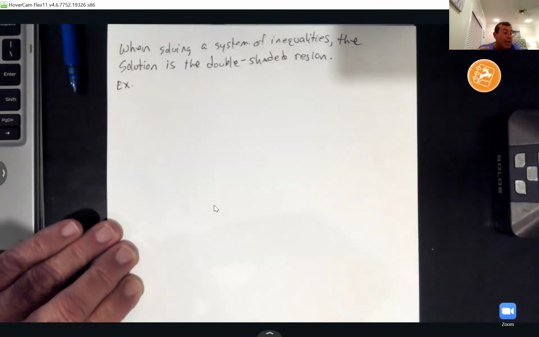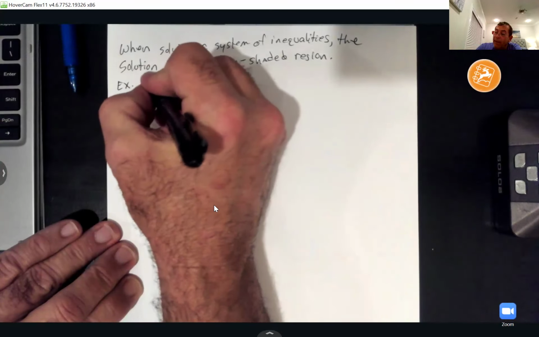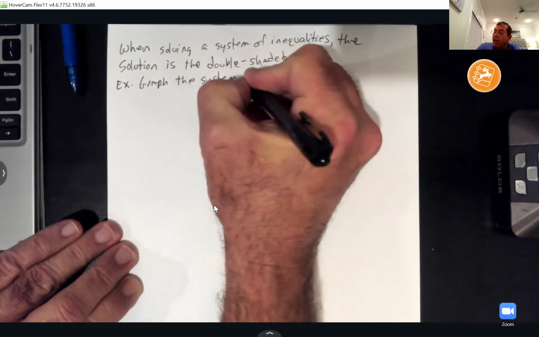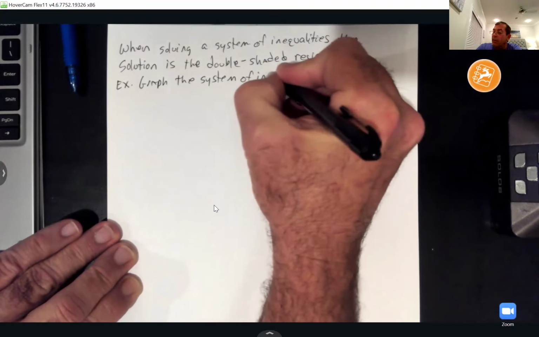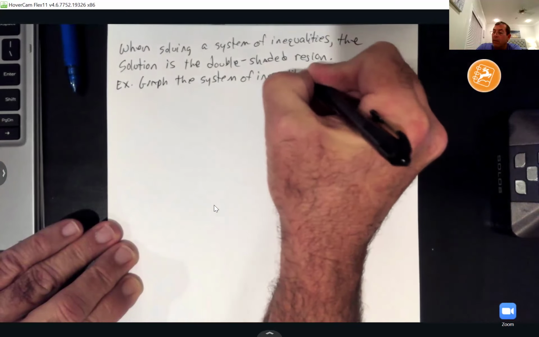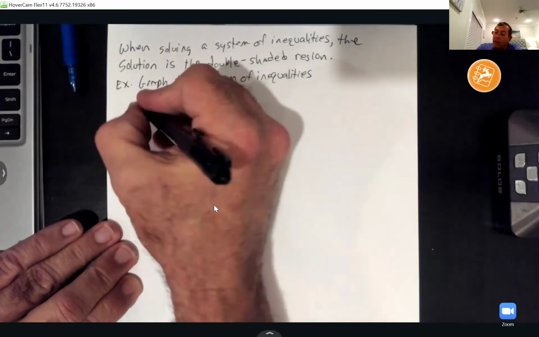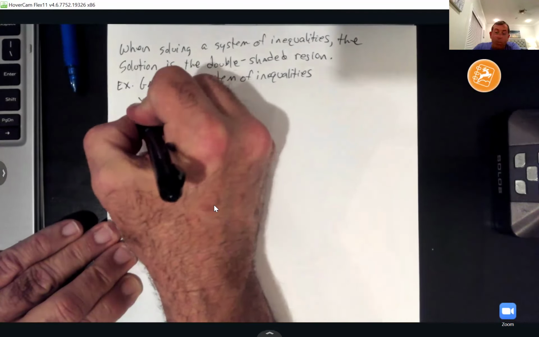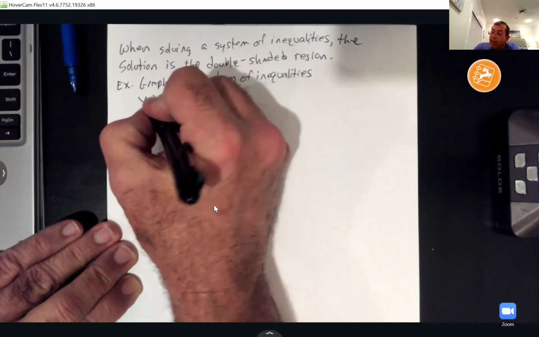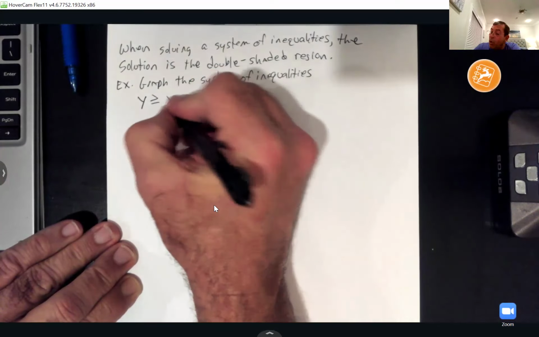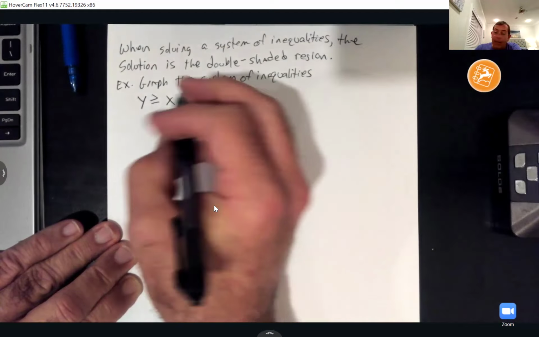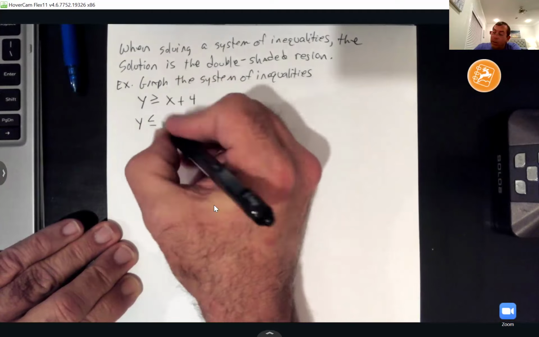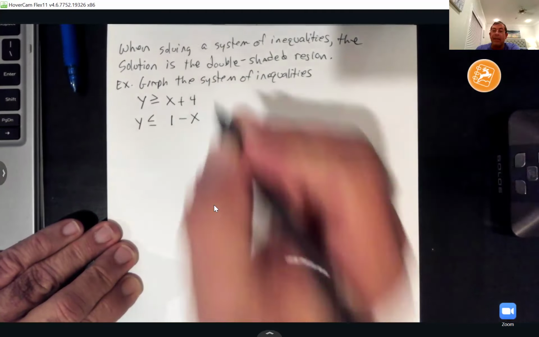So look, for this example, they want us to graph the system of inequalities. So I got, and what's nice, these ones are already solved. I'll have y greater than or equal to x plus 4. And then I got y less than or equal to 1 minus x.